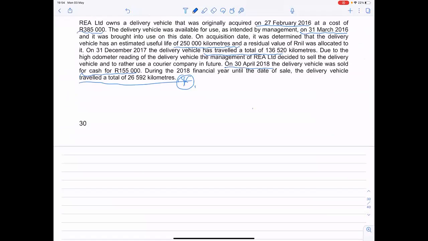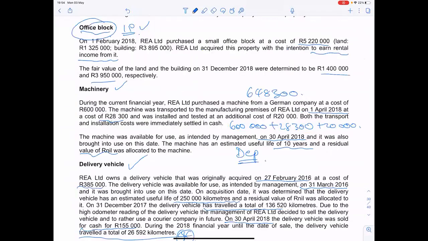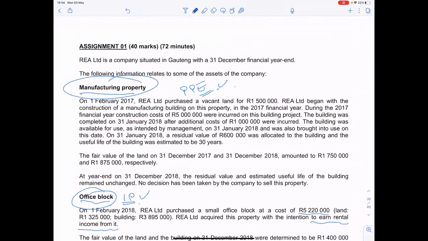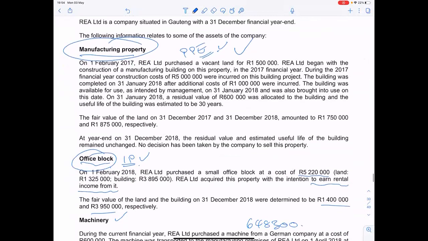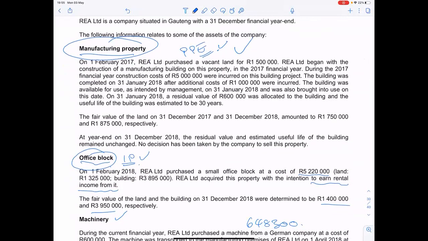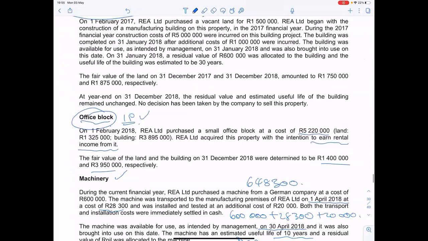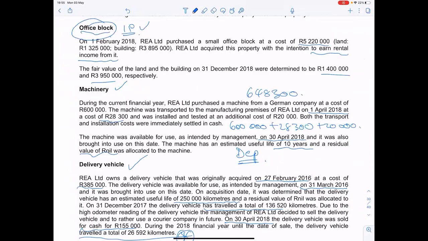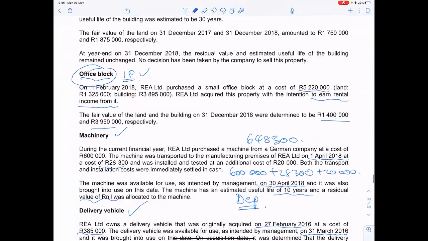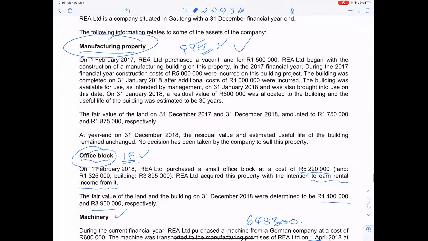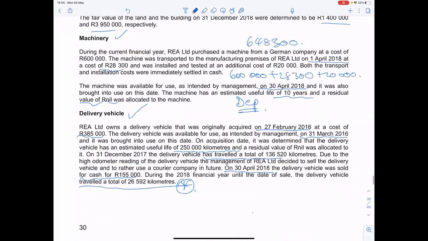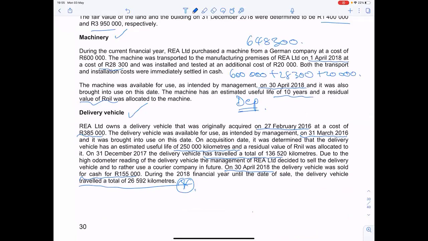So we saw that on this question, there is manufacturing property, which we said is PPE. There is land and also buildings. Office block, we said it is investment property. There is also land and the buildings. There is a machine. There is also delivery vehicles. So on PPE, manufacturing property, land and buildings, a delivery vehicle, and a machine.